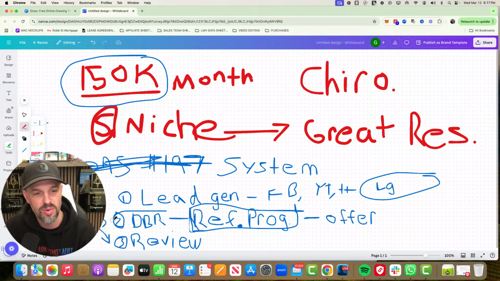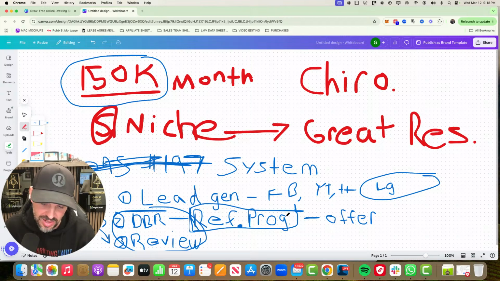So why not do them both? We want to ask past patients for a review, and then we also want to reactivate their past patients, whether through a referral program, a new offer, or both. Okay, so we got lead gen, reactivation, reviews, and referrals.